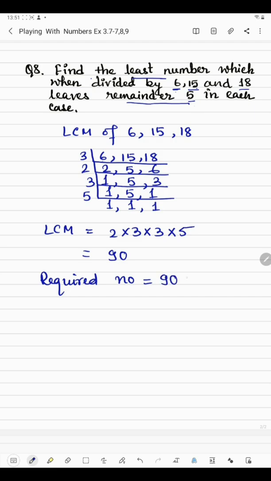You will have to add 5, the remainder, to the LCM to get the required number. So it's 95. Now when you divide 95 by 6, 15 and 18, then you will get 5 as remainder in each case. Okay. So this was all about question number 8. Thank you, students.